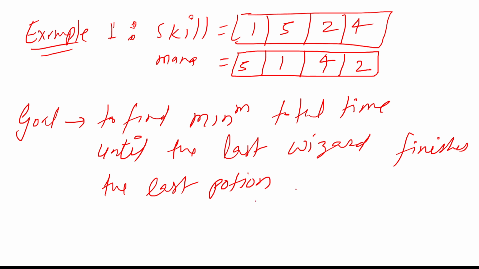We have been given skill as 1, 5, 2, 4 and mana as 5, 1, 4, 2, and we have to find the minimum total time until the last wizard finishes the last portion. Can we say that? We can say that.